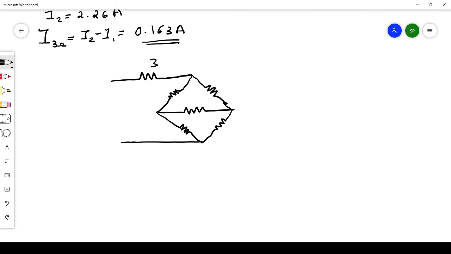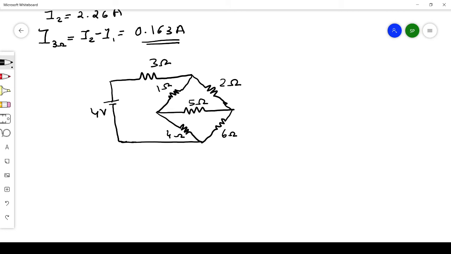So here we have a 3 ohm resistor. We have a voltage source of 4 volt. Then we have 2 ohm here. We have 1 ohm, then 4 ohm, then we have 6 ohm, and this resistor is 5.